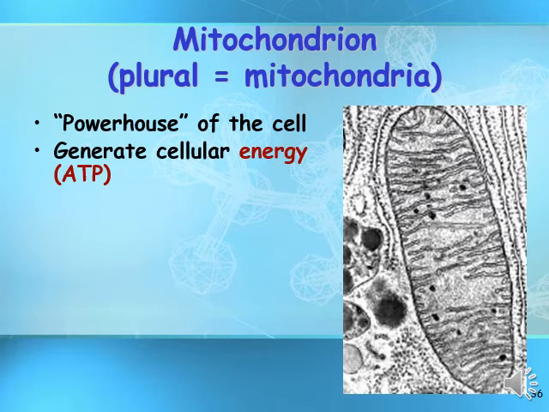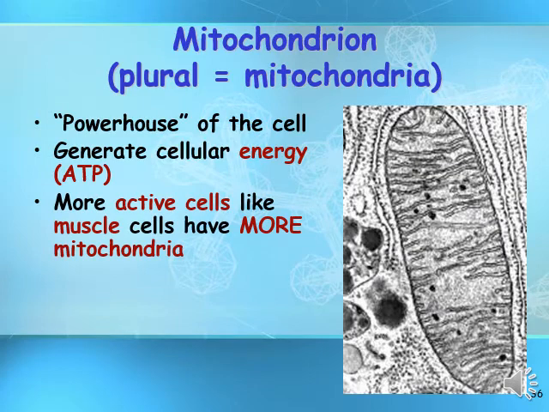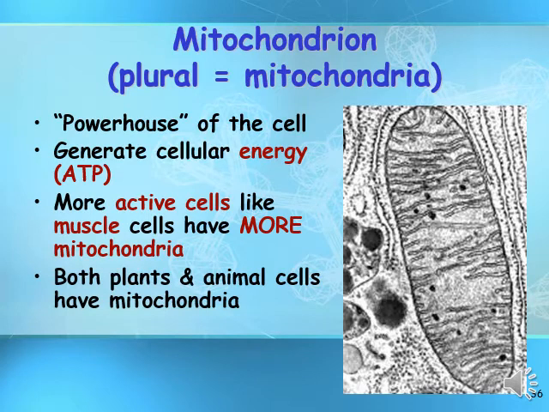It generates cellular energy in the form of this compound, which is named adenosine triphosphate. More active cells like muscle cells have more mitochondria. Mitochondria are found within active cells like muscle cells. Both plant and animal cells have mitochondria.